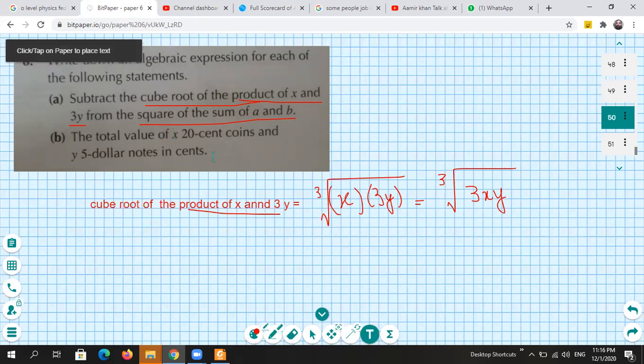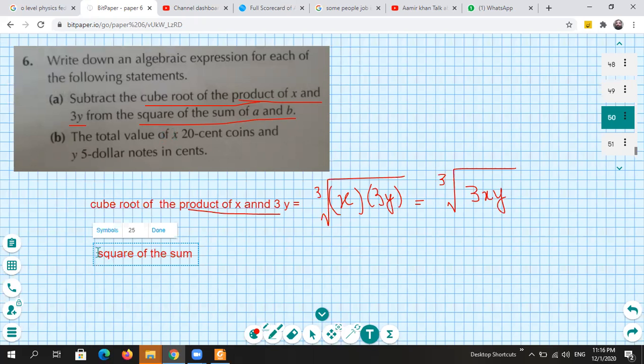Similarly, square of the sum of a and b. First of all, we take the sum of a and b, which is a plus b, and their square will be like this, a plus b whole square.